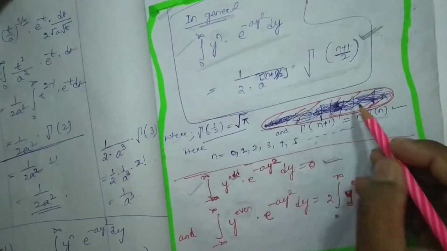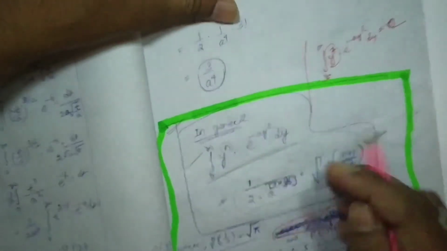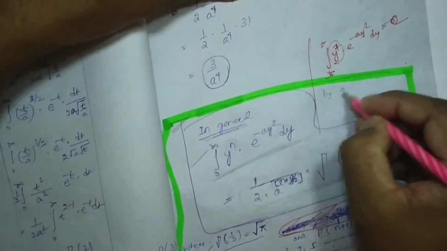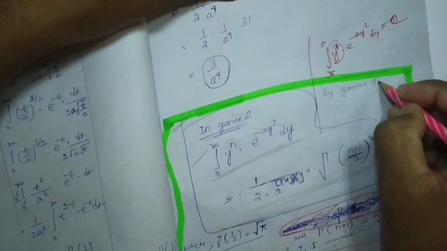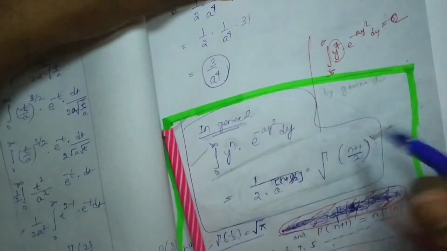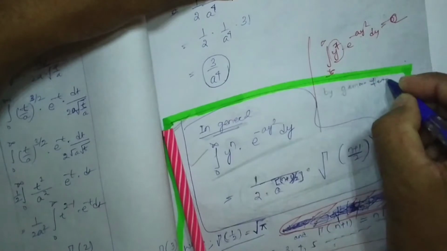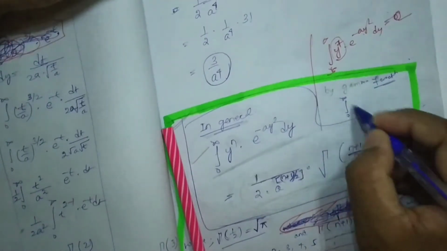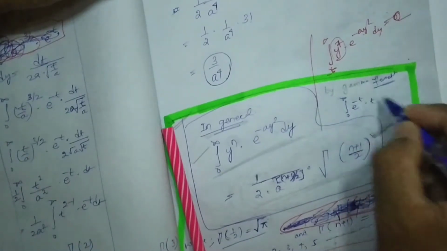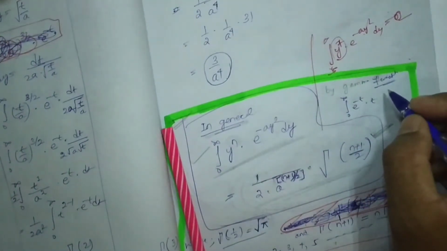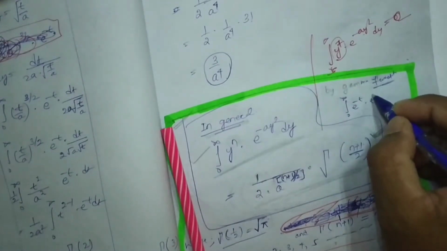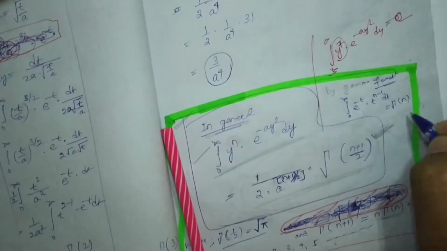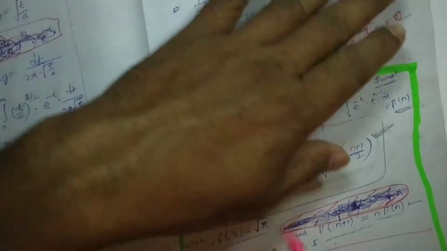By using the gamma function, integral 0 to infinity e to the power minus t into t to the power n minus 1 dt is equal to gamma n. This much we know. Okay, this is about the gamma function.